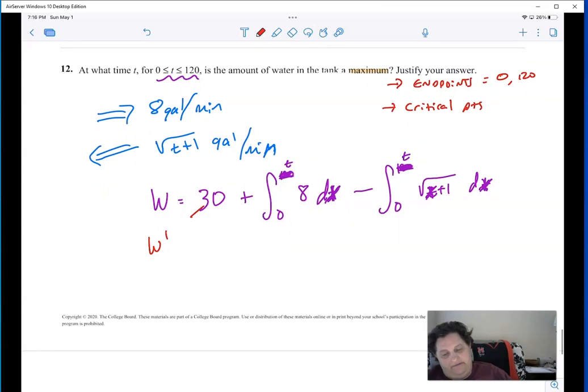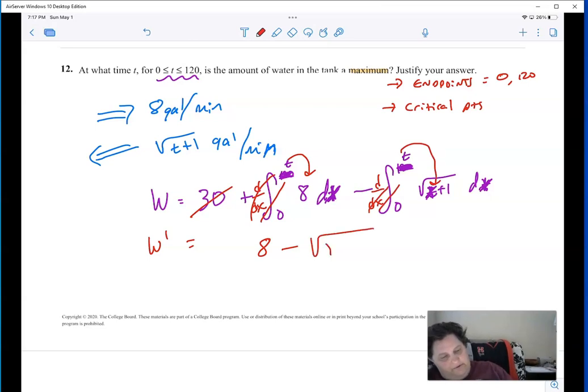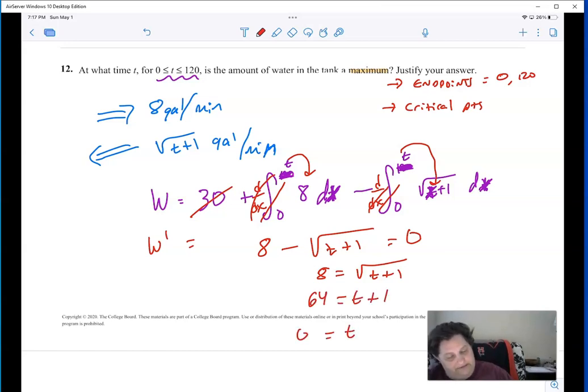Okay, you guys, check this out. The derivative of 30, and then the derivative of the rest. I want to set that equal to 0 and see what time that gives, the root, and that's my critical point.